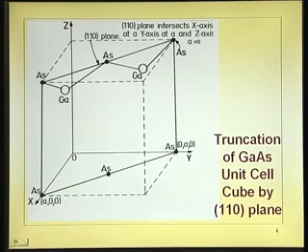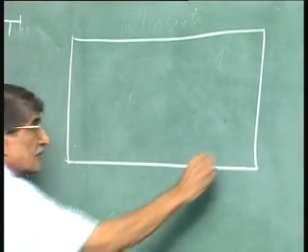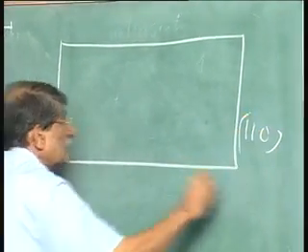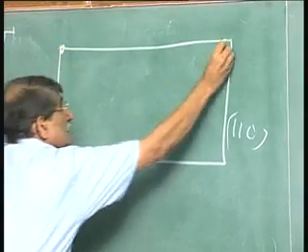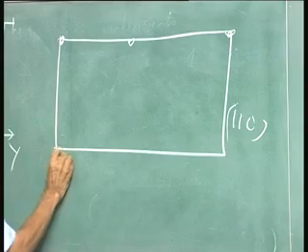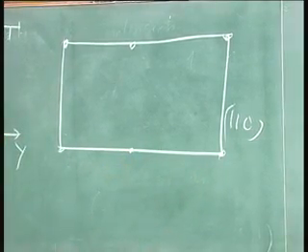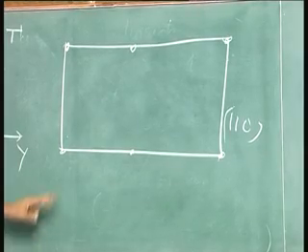Just to take a look at the atomic arrangement, what we are doing is like that. That is the 1 1 0 plane. Arsenic is there, arsenic is there, arsenic is there. Arsenic here at the corner, arsenic here at this point, bottom plane.